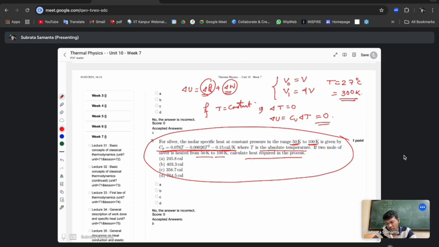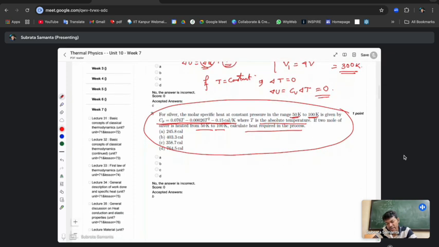In this problem we have to calculate the required heat, at constant pressure. So pressure P equals constant, and the temperature changes from 50 Kelvin to 100 Kelvin. So T1 is 50 Kelvin, T2 is 100 Kelvin.